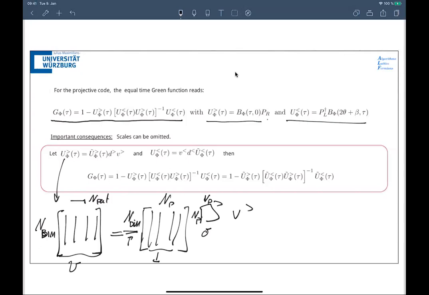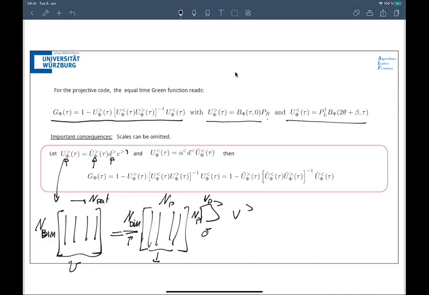If you do this for this side, and then this is essentially just the transpose, you have a V smaller, D smaller, and U tilde smaller, and then you can put it in this form. This has no scales, and the scales are here. You can just plug this into the definition of the Green's function, and you see that because of this minus 1 here, these D's just cancel out.